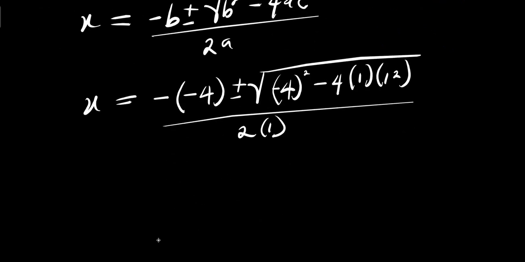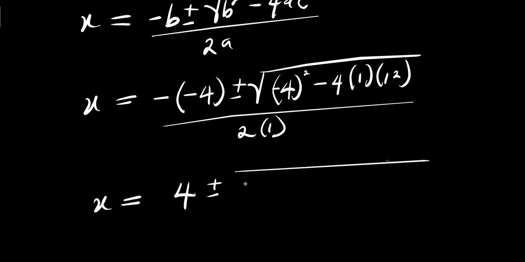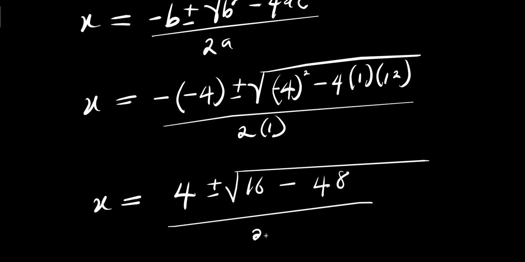So from here, this is 4 plus or minus square root of, this is 16 minus, this is 48, divided by 2.